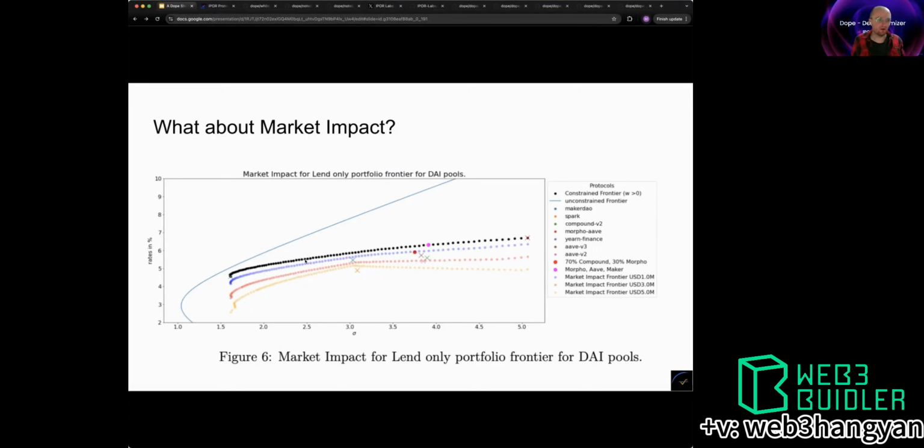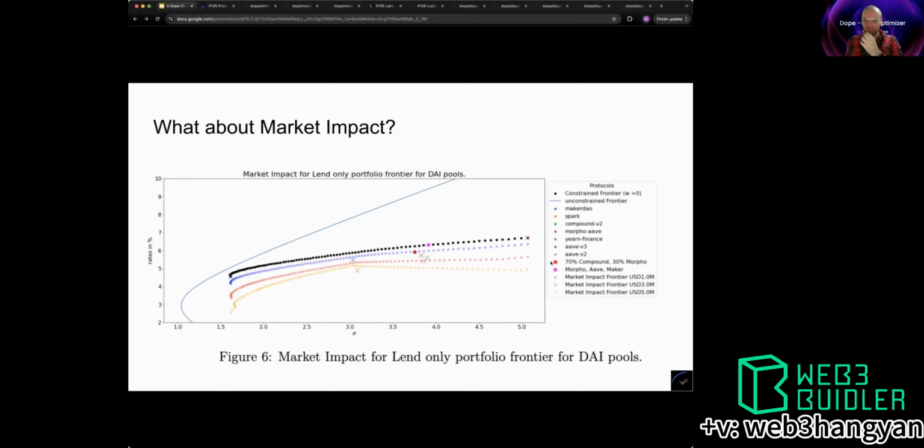Maybe you would be fine using the black line. But if you are going to chains that have lower liquidity, now you need to take care a little bit more of the market impact. So the colorful lines look more like the shape of the boundaries for different amounts of money at that particular time.